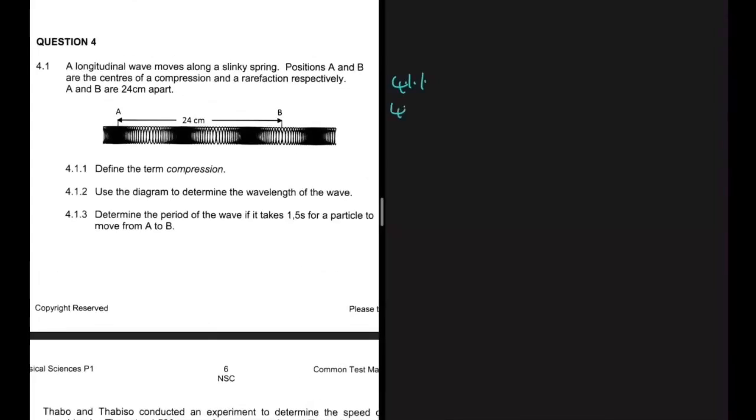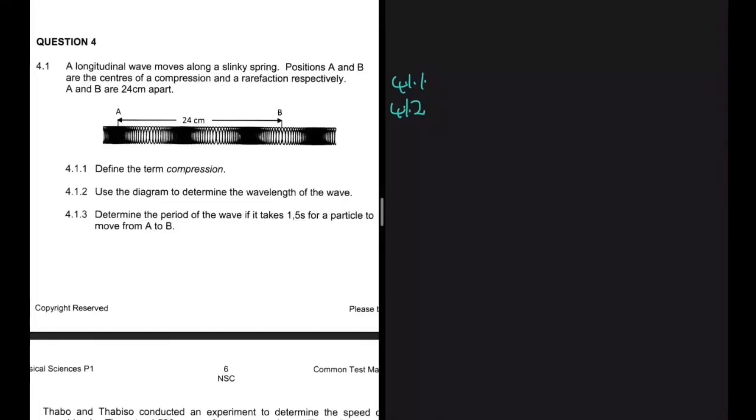So now we can move to 4.1.2. It says let's use the diagram to determine the wavelength of the wave. How do we determine the wavelength of a longitudinal wave? It is the distance between two compressions.